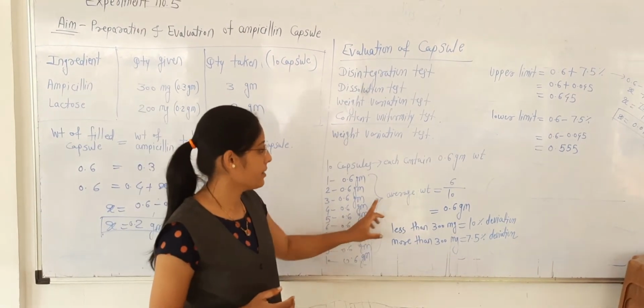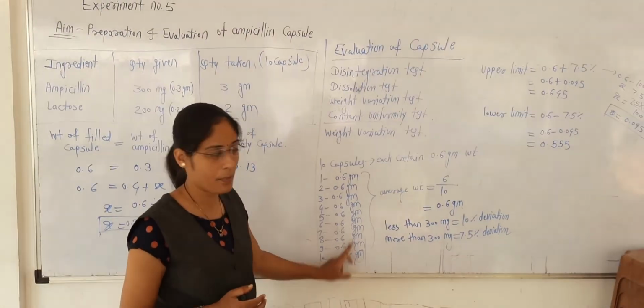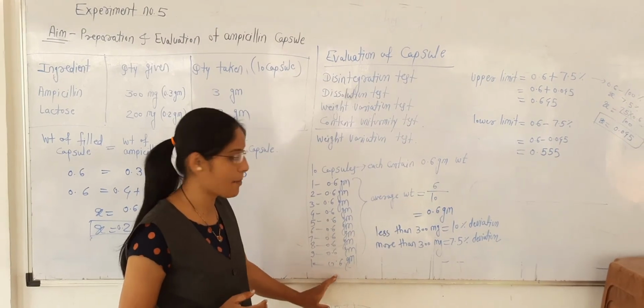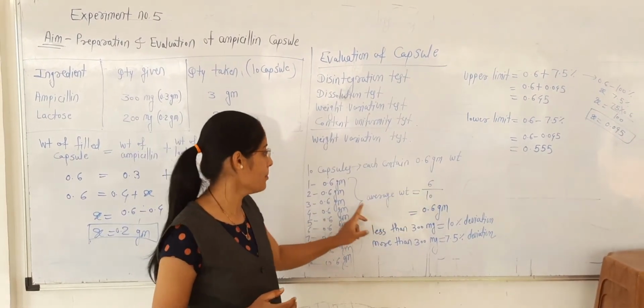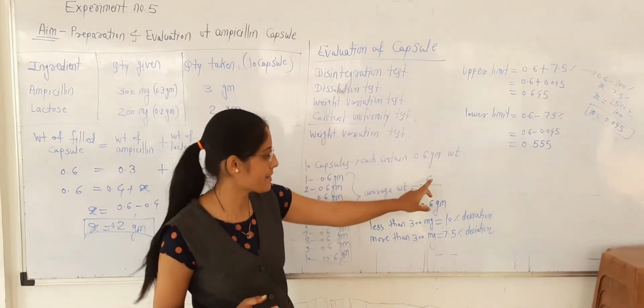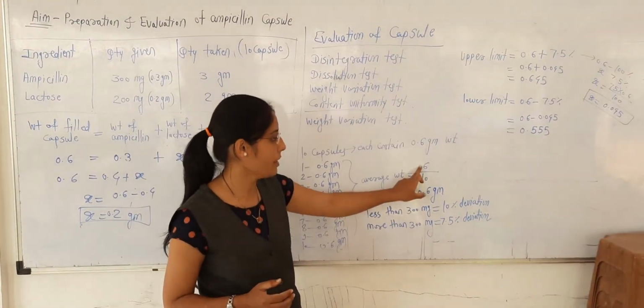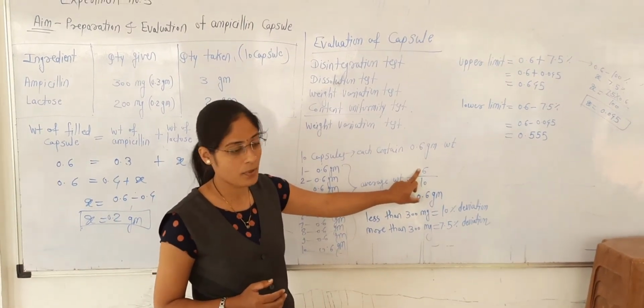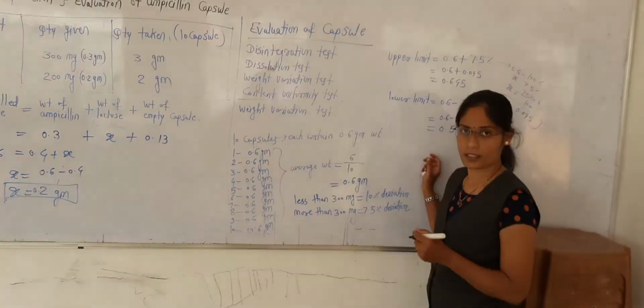Then we take their average weight. Add all these weights: 0.6 gram plus 0.6 gram, all 10 capsule weights added, that is 6 gram. The 10 capsule weight is 6 gram, divided by 10, the number of capsules.